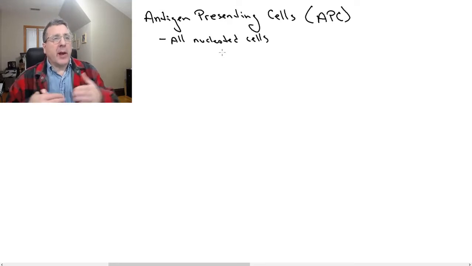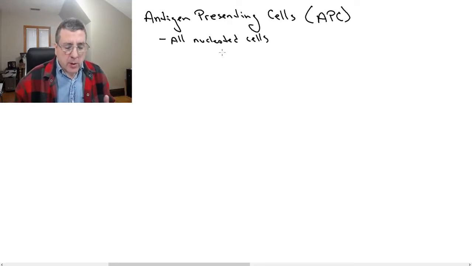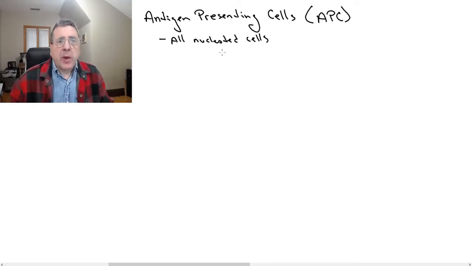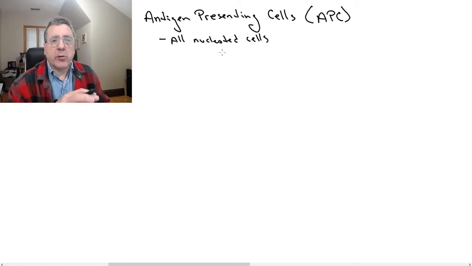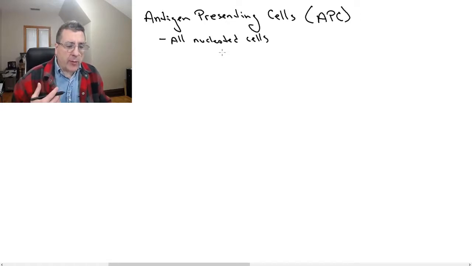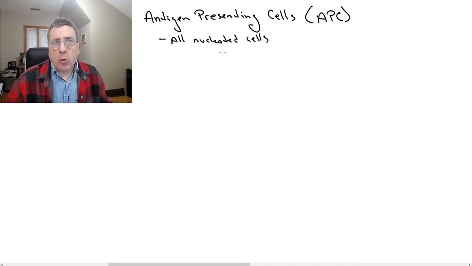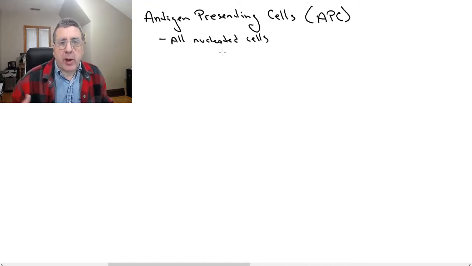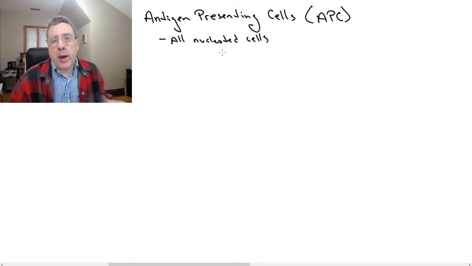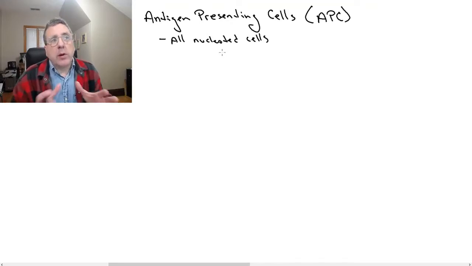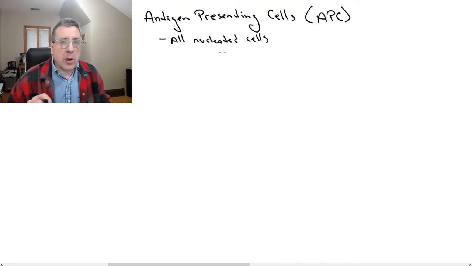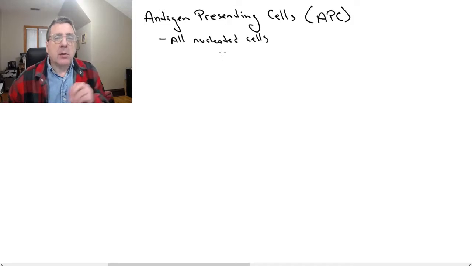Now, what this antigen presentation does and what its limitation is factors into transplants. Let's say I was to have a kidney transplant. Why can't somebody just take my kidney and put it into anybody else? Well, the antigen on my kidney differs from the antigen on your kidney.